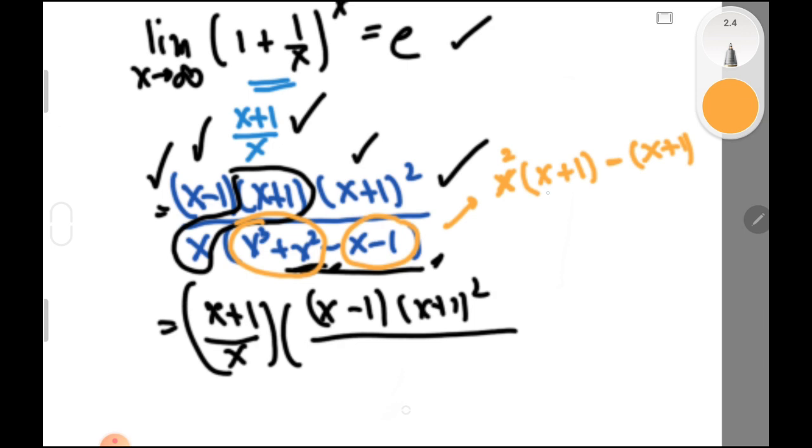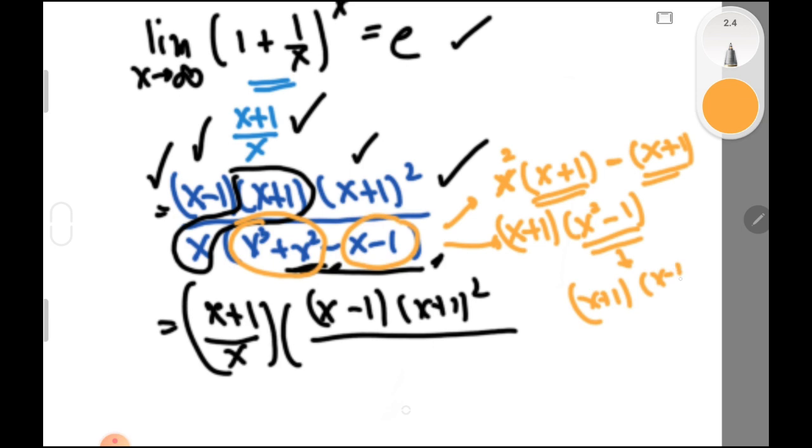Okay? So pag finactor out ko yung x plus 1 ngayon, kasi common sila, magkakaroon ko ng equation na (x plus 1) multiplied by (x squared minus 1). Tama ba? So from this, I may say that this can be factorable into (x plus 1) multiplied by (x minus 1).